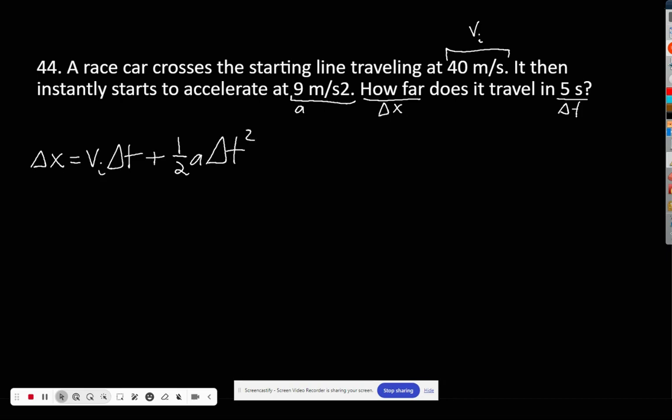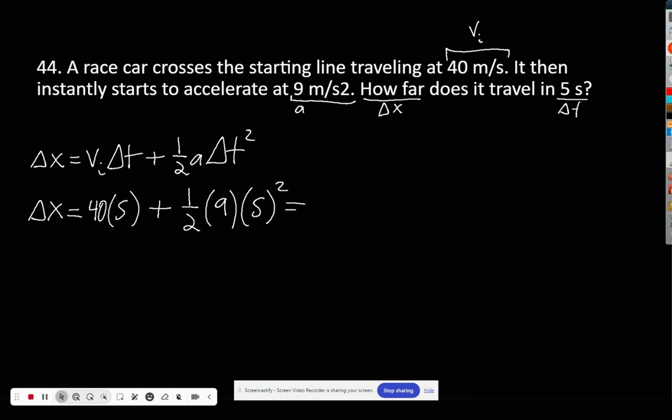Now for this one, I could make the assumption that our initial position is 0. We did just start a race, so that would make sense. But rather than make that assumption, it's just looking for how far in general. That's the displacement. I don't need to make that assumption. I can just solve for displacement right away by plugging in our givens into our equation. 40, our time of 5. Our acceleration is 9 here, and our time is 5 again.